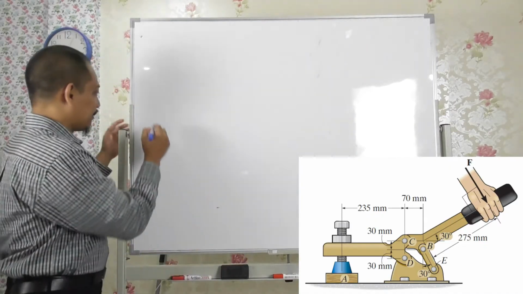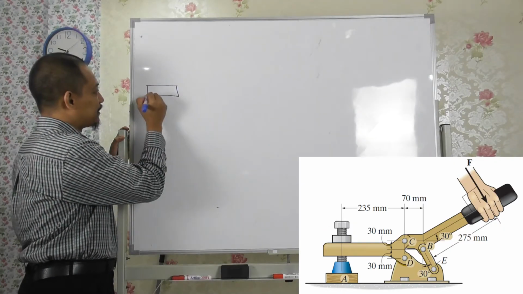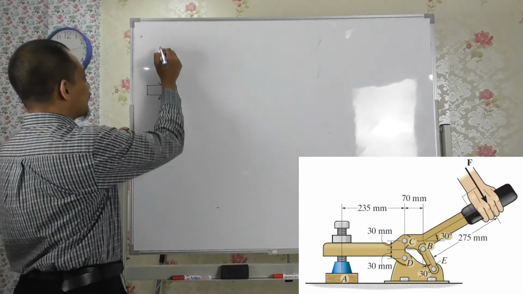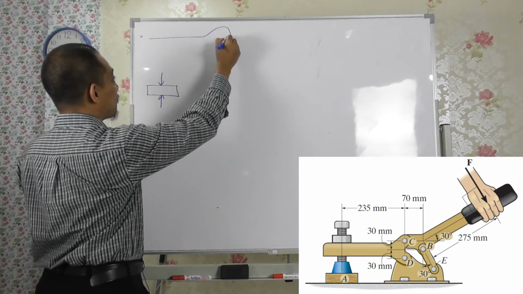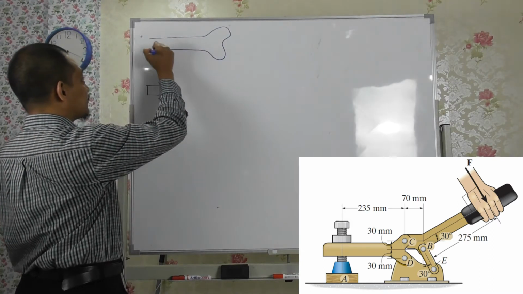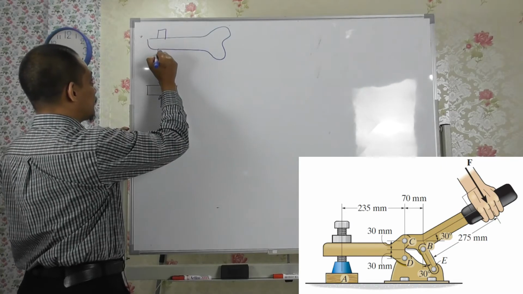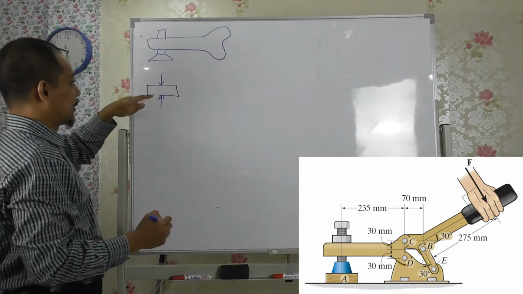So at the end, block A here is being clamped by this thing here, right? So you have something like this with the whole thing. Okay, I'll just draw like that. So this whole thing will clamp this one, right?